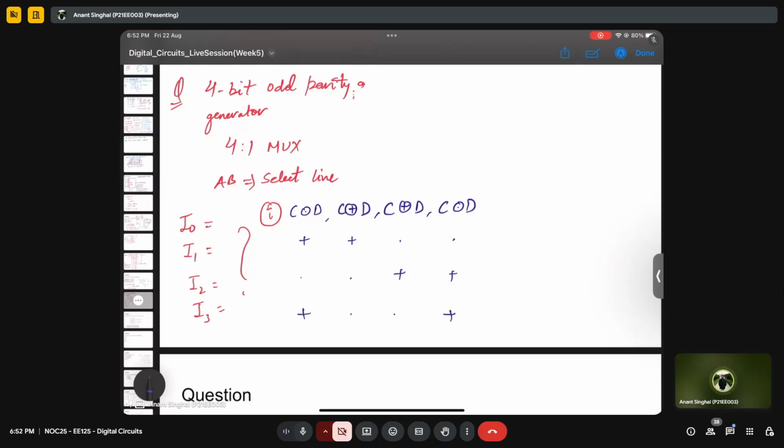Plus means XOR and dot means XNOR. I hope you already know that. So these are your 4 options.